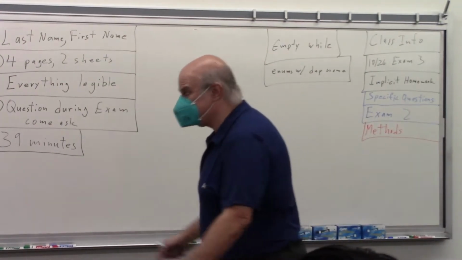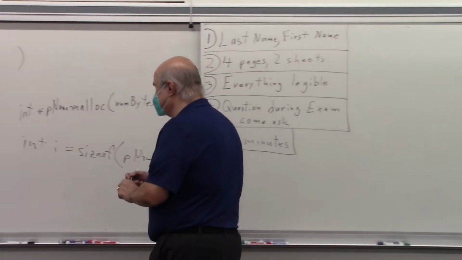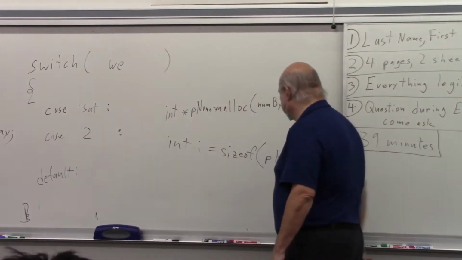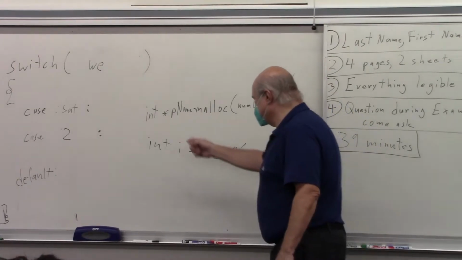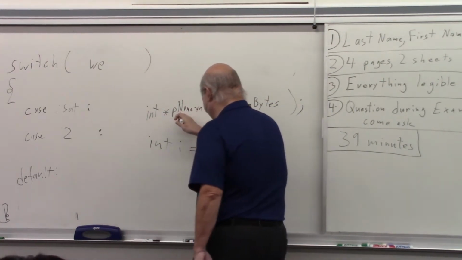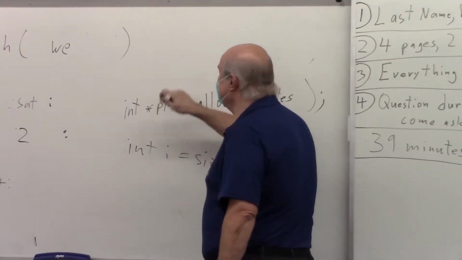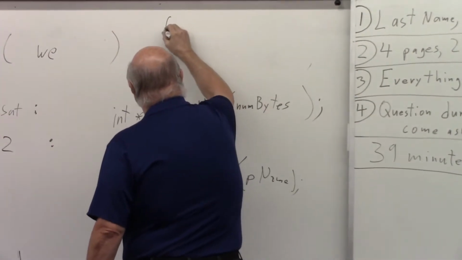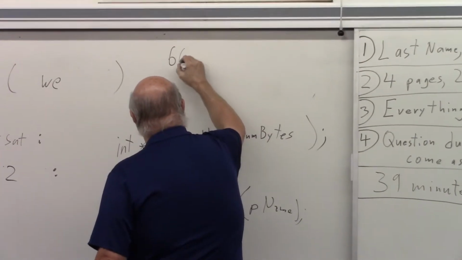Let me read it. Let's suppose we go with 32-bit and I make this an integer pointer. Suppose the value in here is 60.